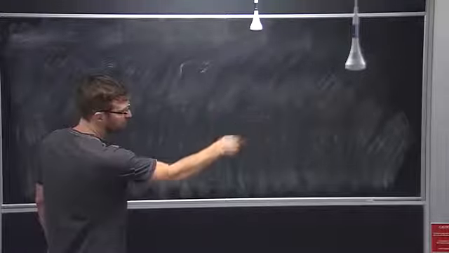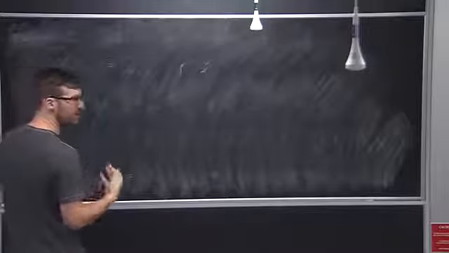Because of that metric, if you want to call it that, space and time are essentially completely isotropic.